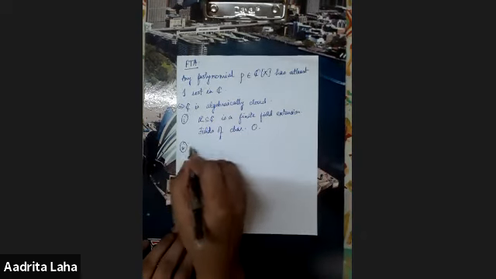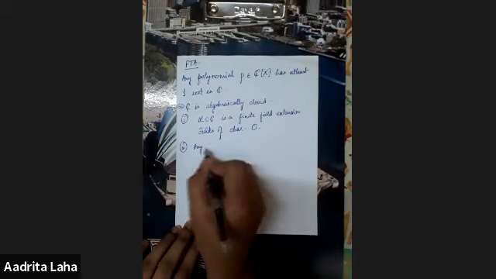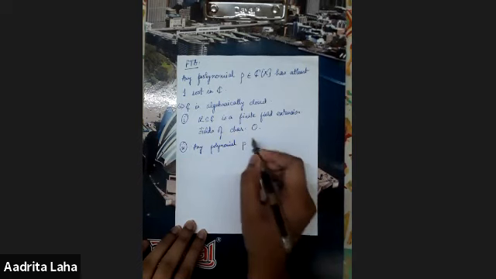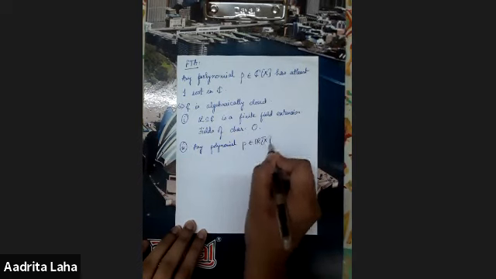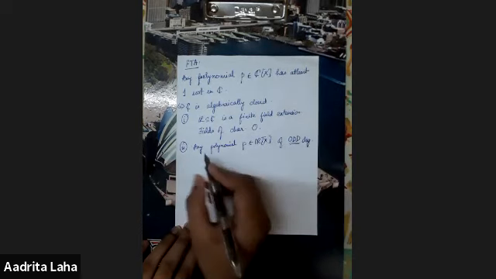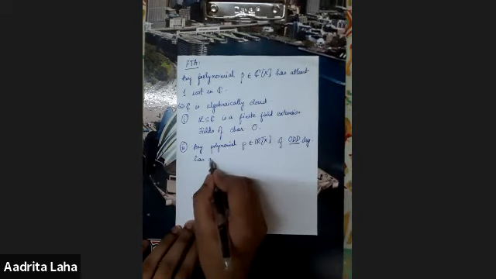Secondly, any polynomial P in R[x] of odd degree has a root in R.